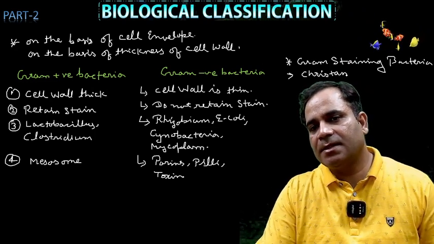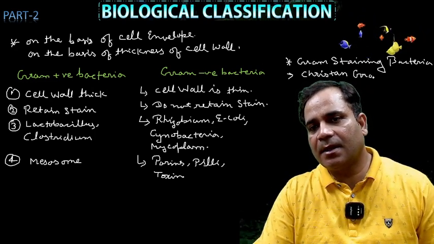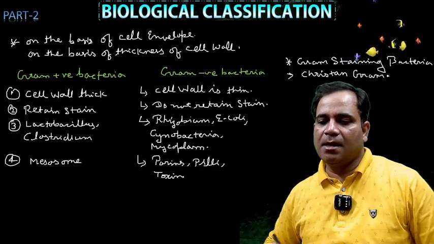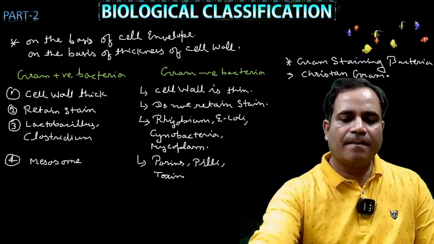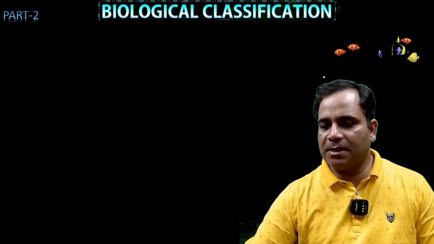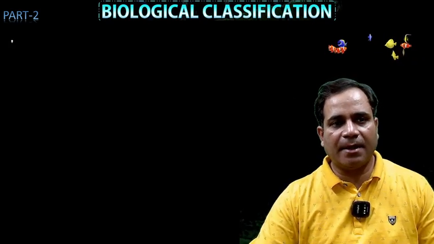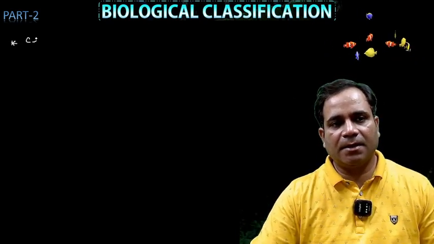Which one is the scientist? Christian Gram. Correct? Now next, on the basis of the cell membrane, the other part.